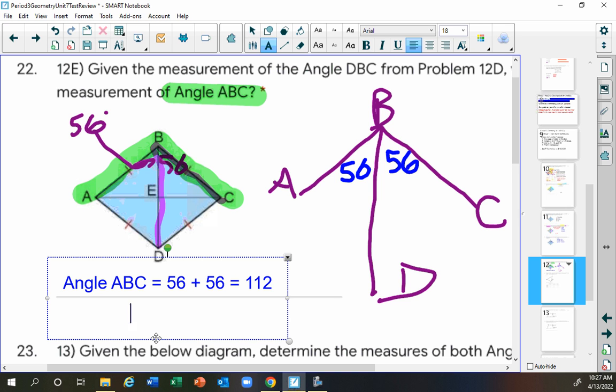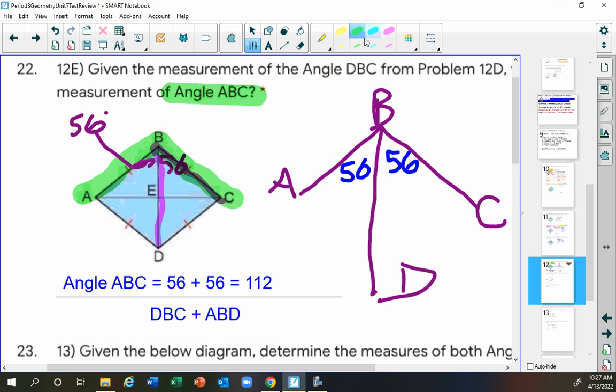Again, we got to be careful. So DBC plus ABD. That's what we give. So ABC is that grand total. And again, that's that angle addition postulate. But we also know that since this is a bisector right here, think of it like a mirror.